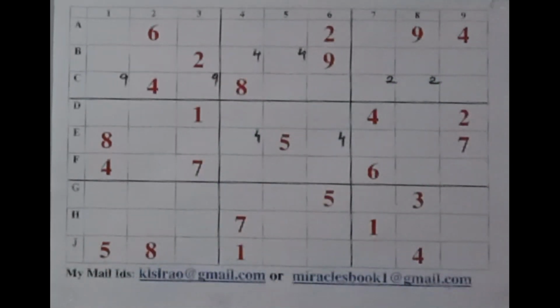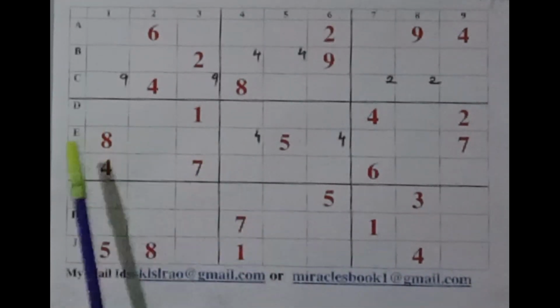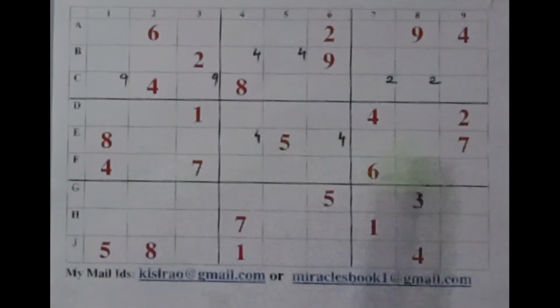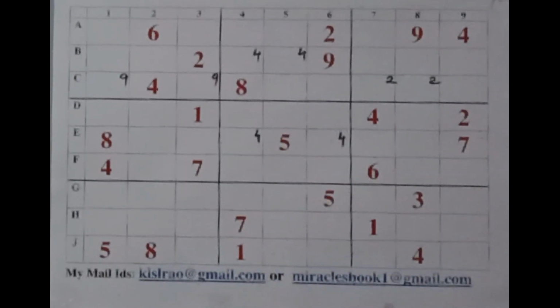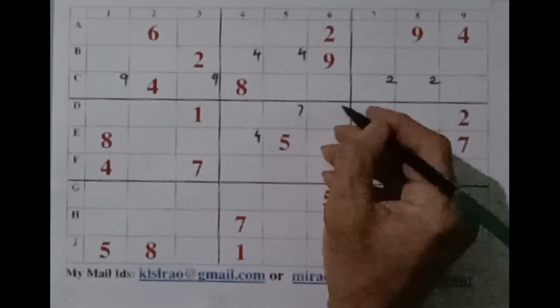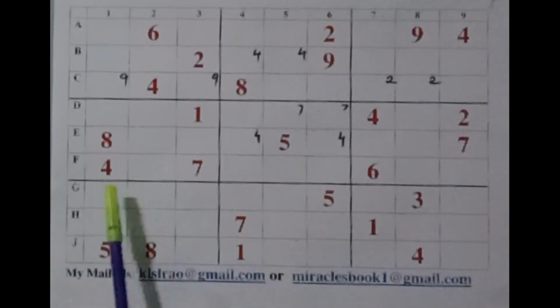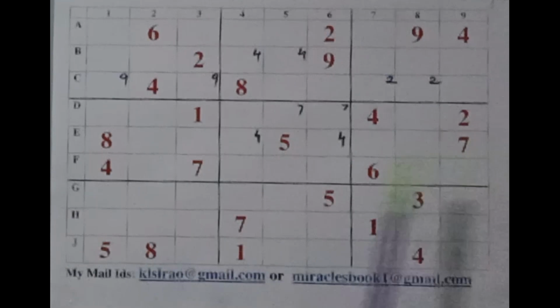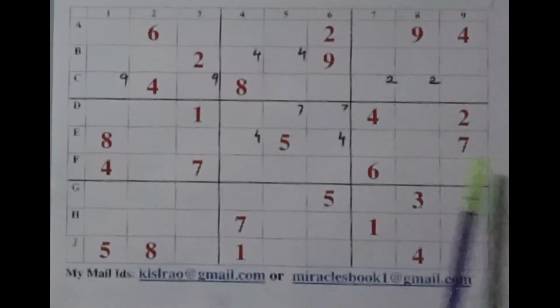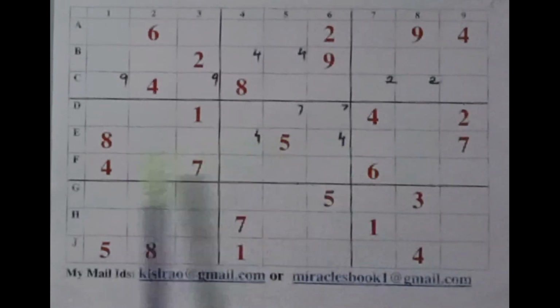Number 7 also gets these 2 positions. Have a look, 7 here and 7 here. I think other numbers are appearing just once each: 1, 2, 4 over 5, 6, 7, 8.